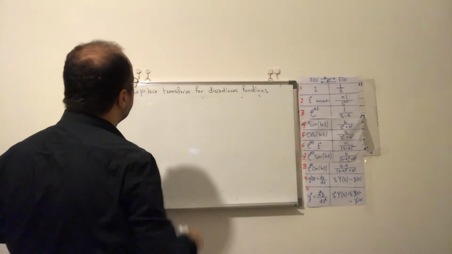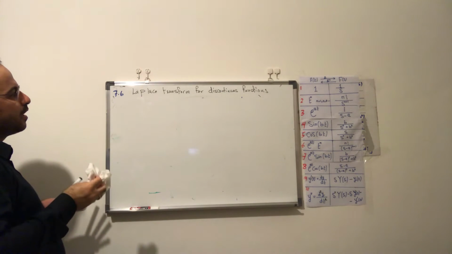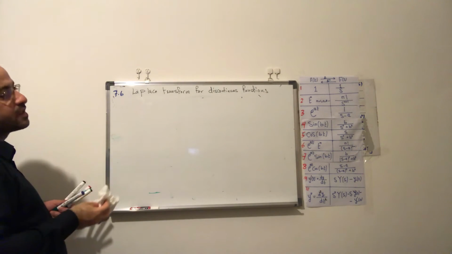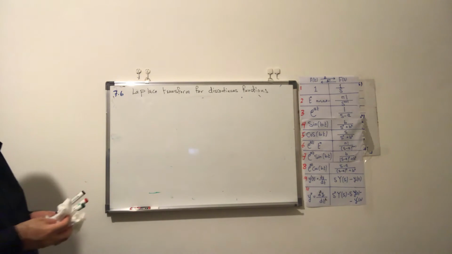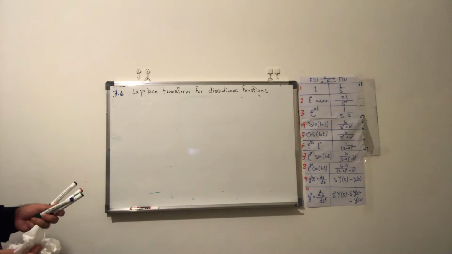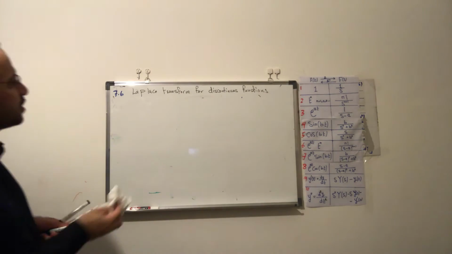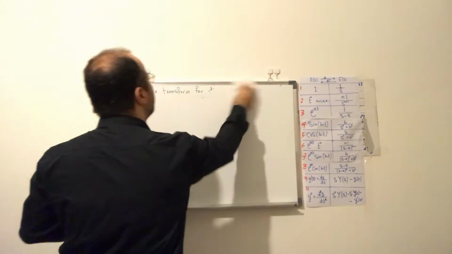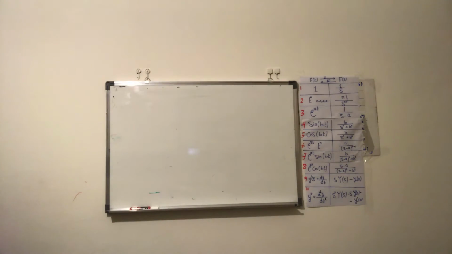For this reason, all the Laplace transform will focus on the Heaviside function. We will do the Laplace transform for the Heaviside function, and we will not go for any jump discontinuous function, because any jump discontinuous function can be written using the Heaviside function.